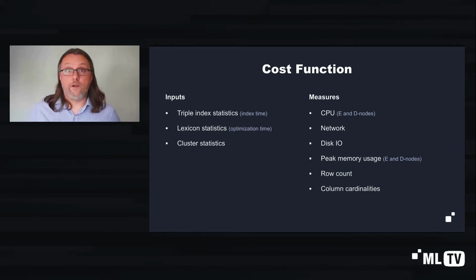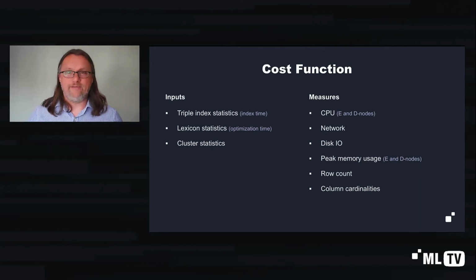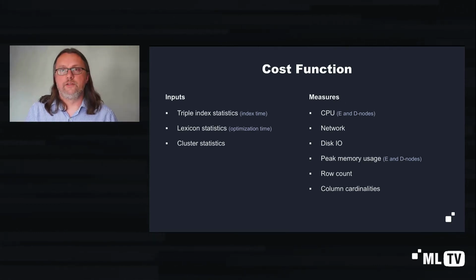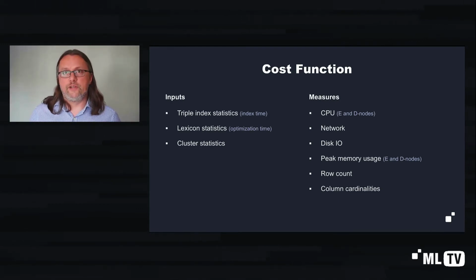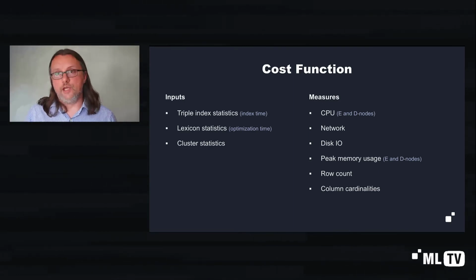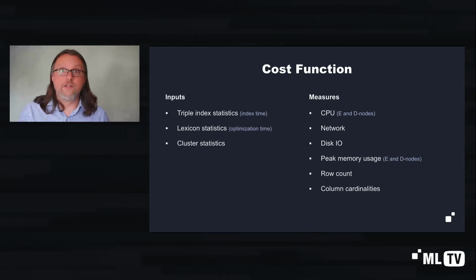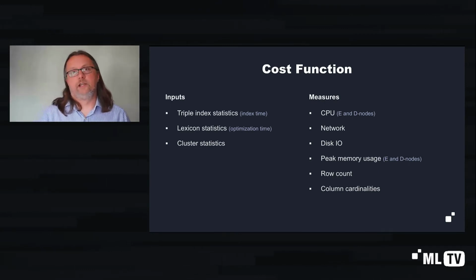So let's talk about the cost function, which is the other core part of cost-based optimization. When we calculate the cost function, we have several different inputs that help us to actually determine what's going to happen. There are triple index statistics. They are pre-calculated when the index is made or when it's merged, and we fetch those according to the kinds of triple index accesses we're going to do.